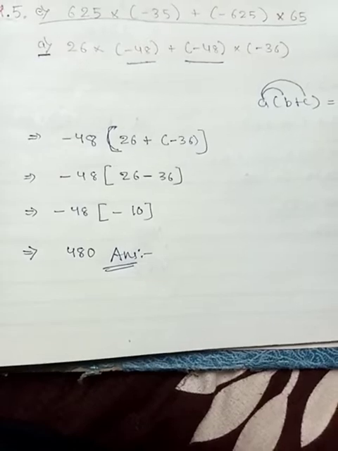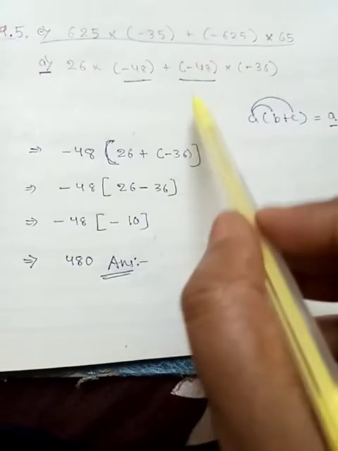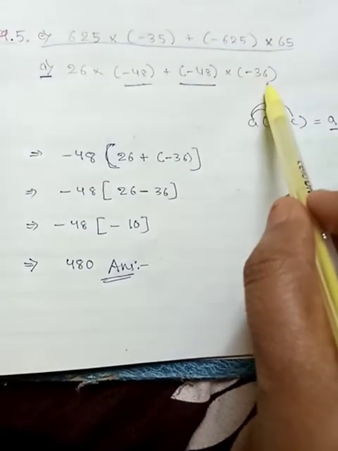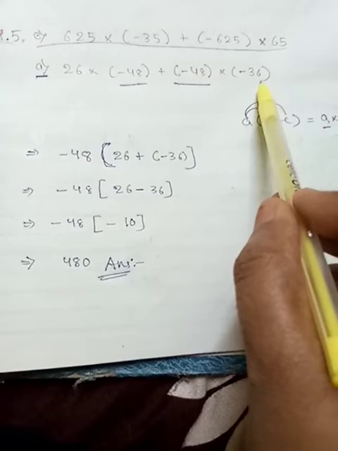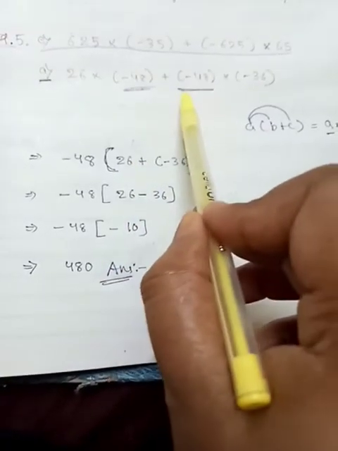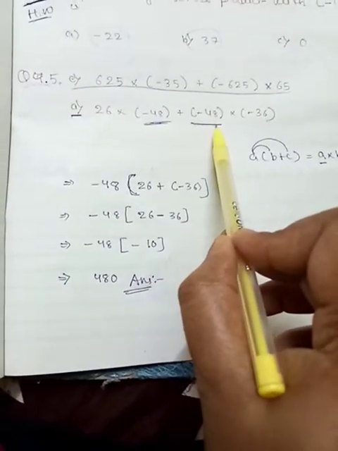Question number A is saying 26 into -48 plus -48 into -36. What we are seeing here is that 48, 48 are repeating numbers.